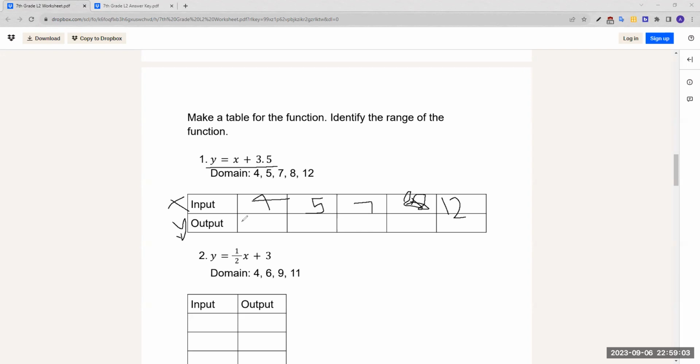That would be 7.5, 8.5, 10.5, 11.5, and 15.5. And that's the answer for number 1.